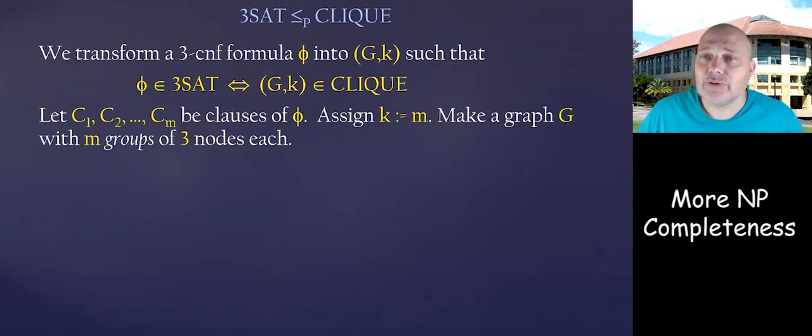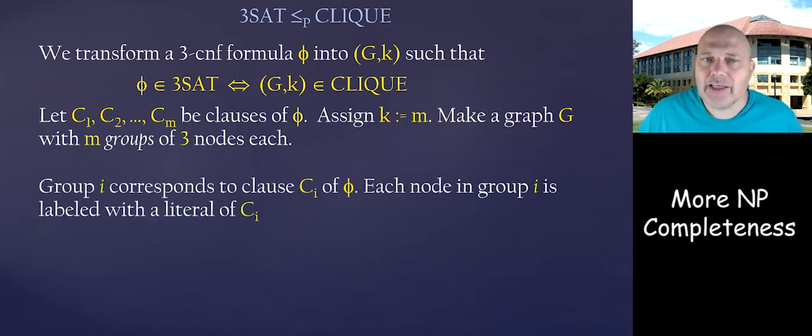So now we also need to define the graph G. We need to define what the vertices and the edges are. The vertices are going to be just 3m vertices, or more concretely, m groups of 3 nodes each, which is convenient because each clause, in a 3CNF, corresponds to 3 literals.